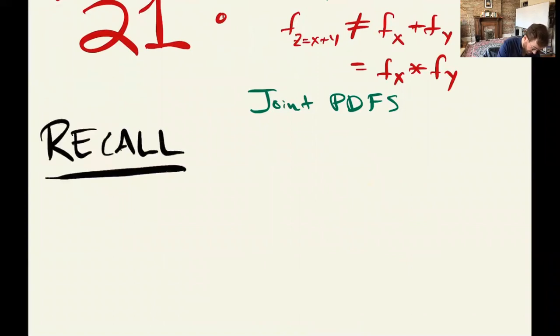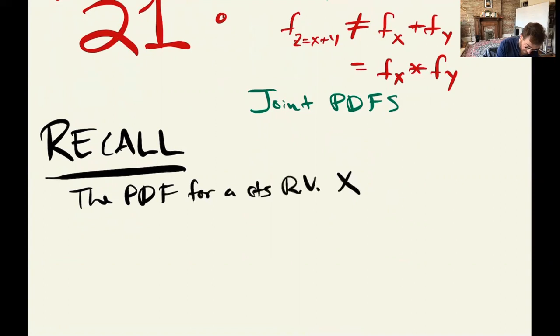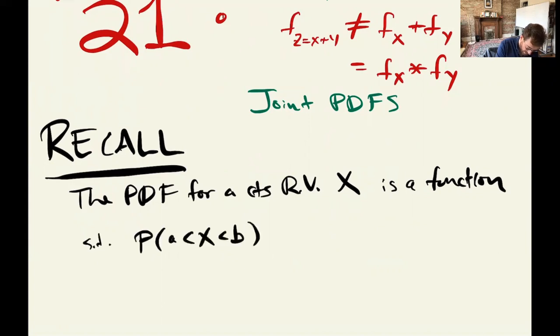Recall, a PDF is defined as a function, which we usually assume to be non-negative, such that if I want to know the probability of x being between two values, I can just integrate the PDF of x between those two values.